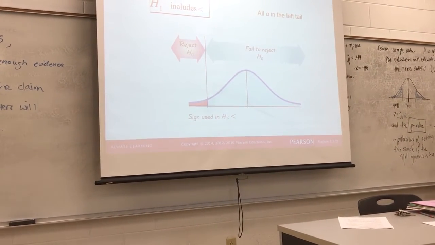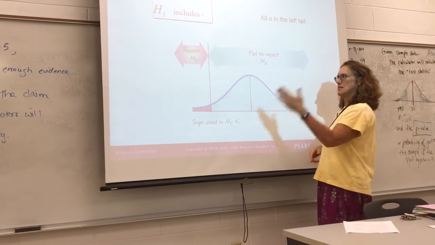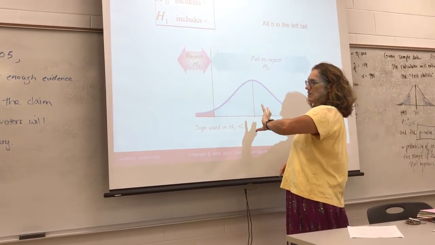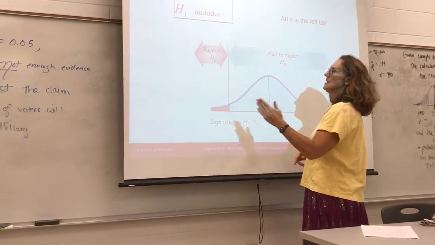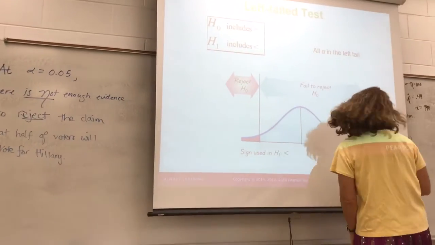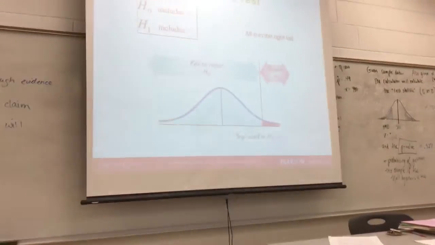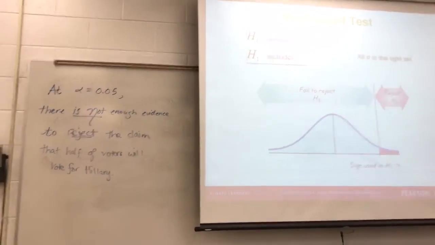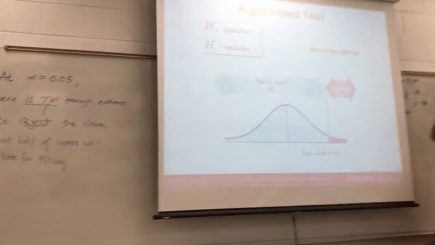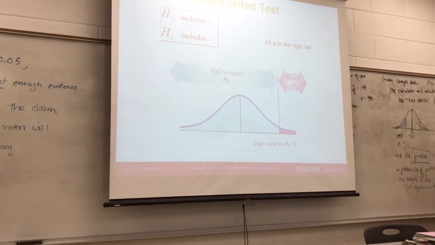A left-tailed test is when you have equals versus less than. And then your test statistic is typically over here. Your p-value is the area to the left. And again, if your p-value is too small, that would mean you're too far to the left, and you would reject H0. Whereas if it's equals versus greater than, your test statistic and p-value are going to be calculated to the right, and you would reject H0 if it's too far to the right.